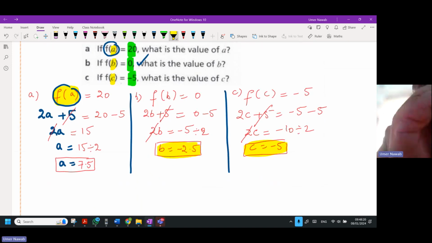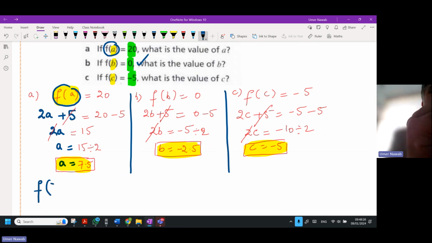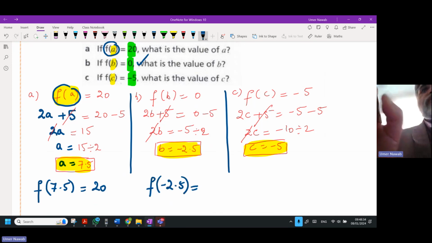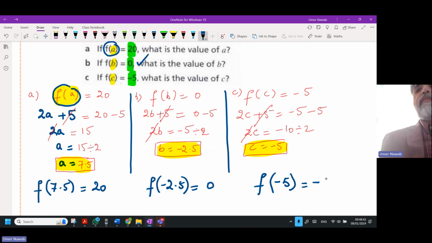My input is minus 2.5, and to satisfy you, Mr. Romer can write it as f of 7.5 is equal to 20. In this case, I can say f of -2.5, my output was 0. And in this case, I'm going to write f of -5 is giving you -5.